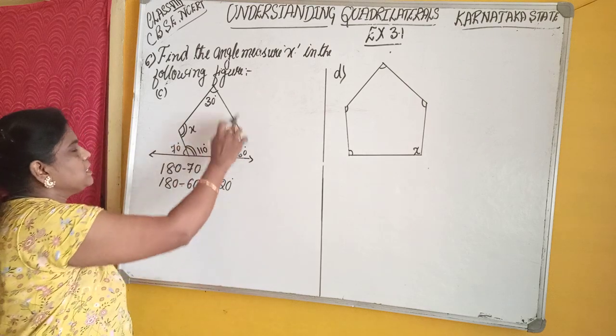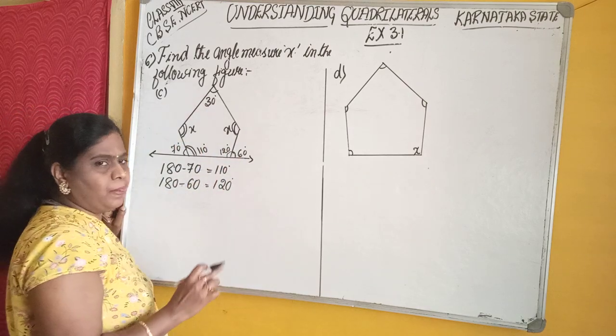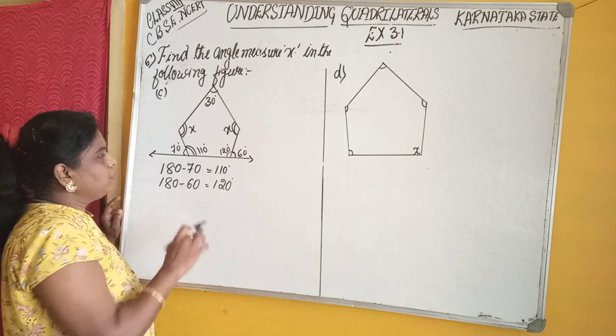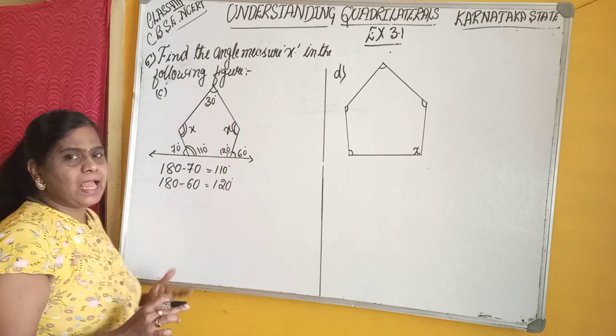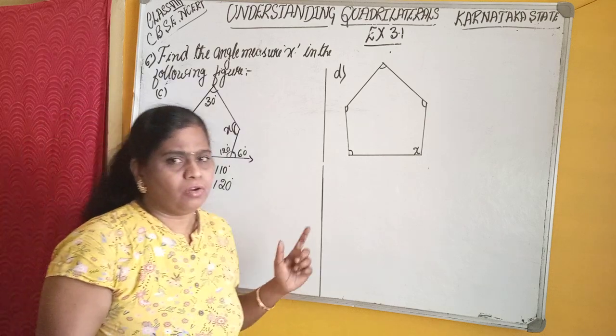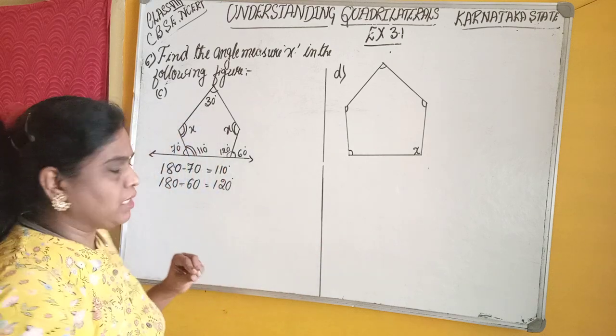Now how many sides are there in this convex polygon? That is 1, 2, 3, 4, 5. First we have to find the angle sum of the pentagon, since 5 sides are given.